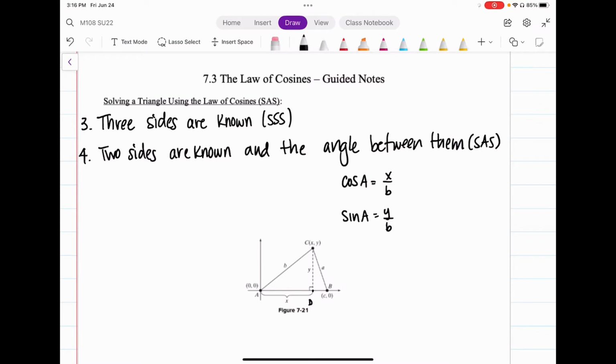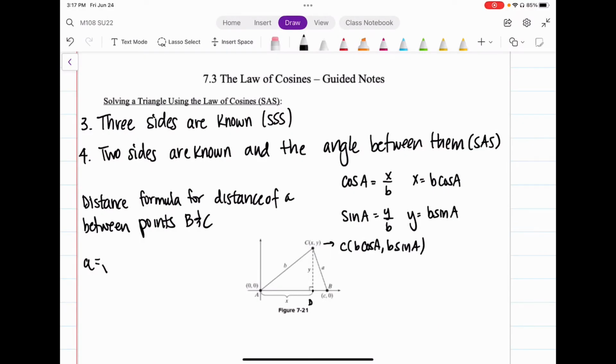Which we can then say x is equal to b cosine A and y is equal to b sine A. So then this point C, that is (x, y), is also labeled as (b cosine A, b sine A).